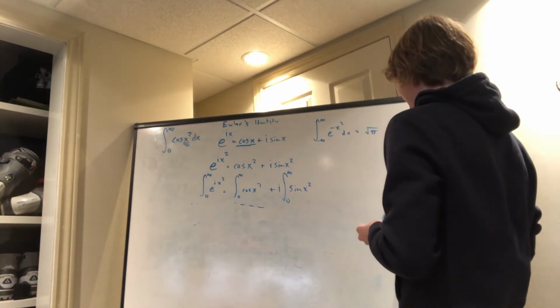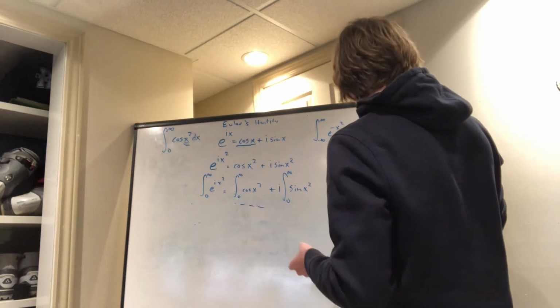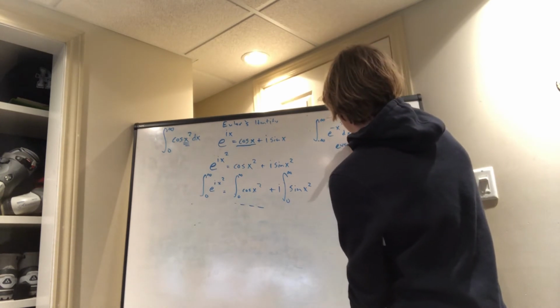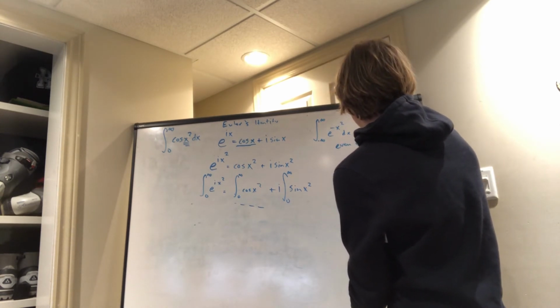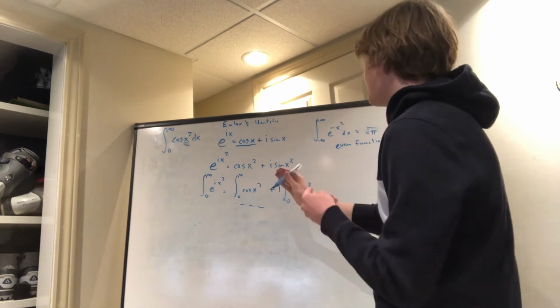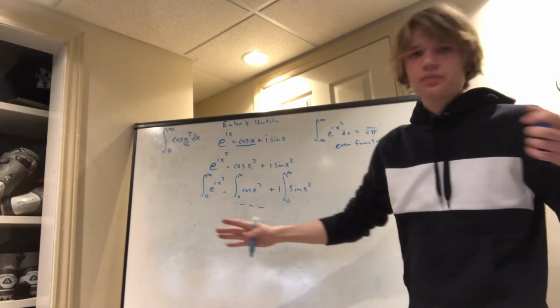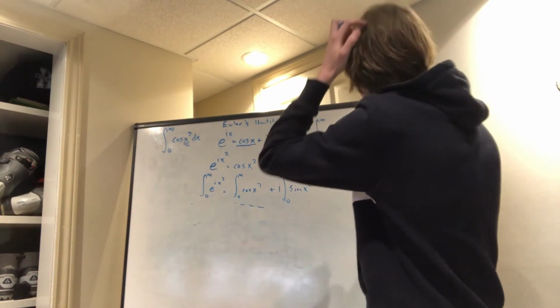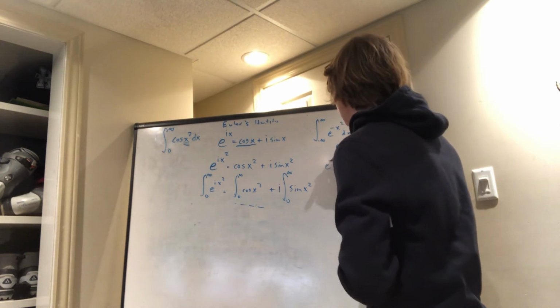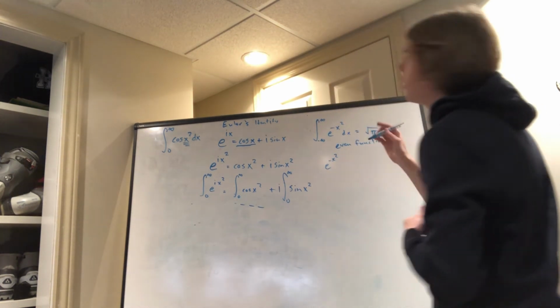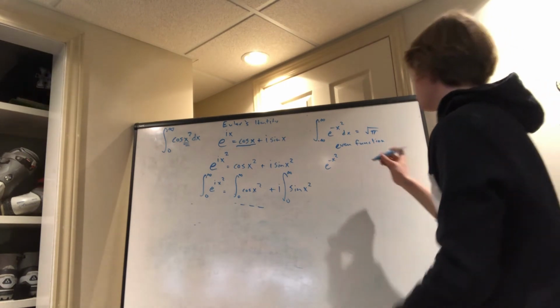So let's see, if we have an even function, we can cut the domain in half and the answer will basically be cut in half, right? So is e to the minus x squared an even function?